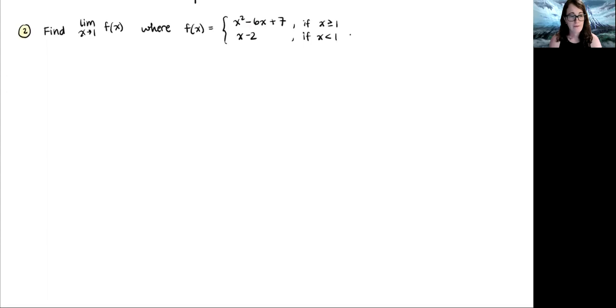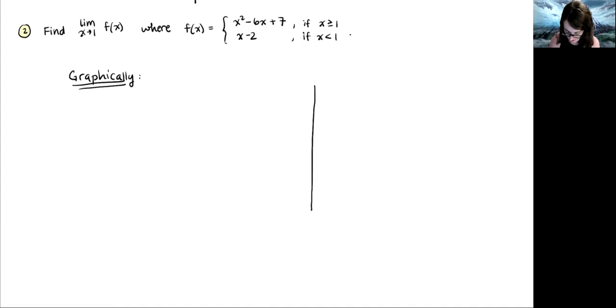I would suggest a graphical method for this, and this is a good review for graphing things as well. So let's see what happens when we try to graph this. Your calculator is going to be kind of hard to graph this with unless you know how to do it.